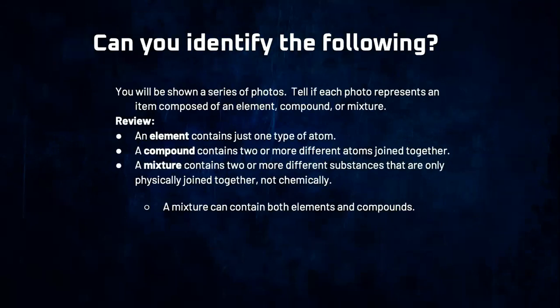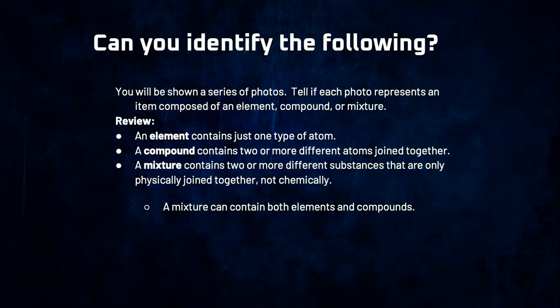Now, you will be shown a series of photos. Tell if each photo represents an item consisting of an element, compound, or mixture. Remember, an element is a pure substance, the simplest unit of basic substance that contains just one type of atom. A compound contains two or more different atoms joined together.